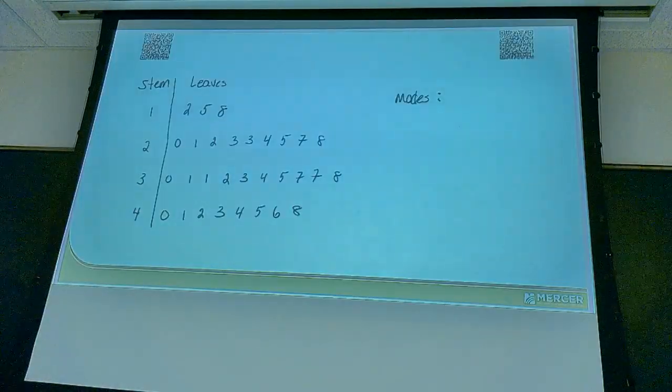So you're just looking at the leaves, not the entire data point. Right, so I agree, the leaves 3, 1, and 7. But on which stems? 2. So what does a stem of 2 and a leaf of 3 mean?